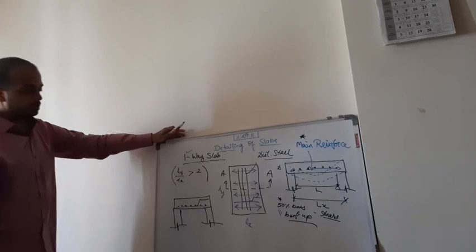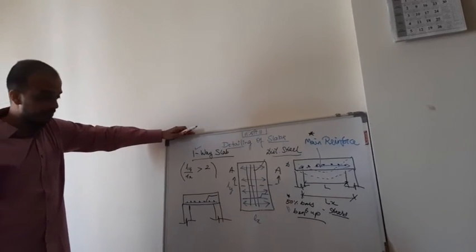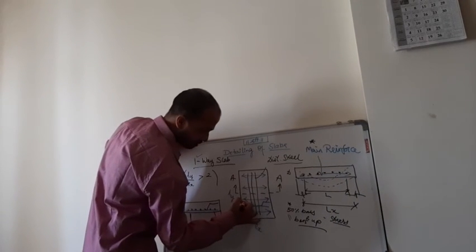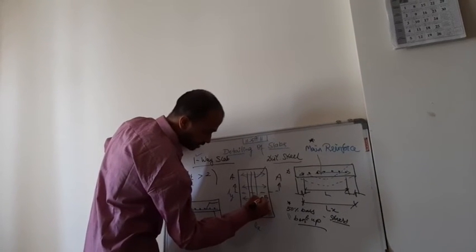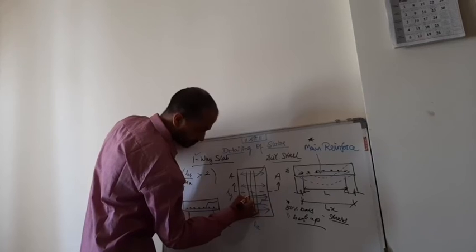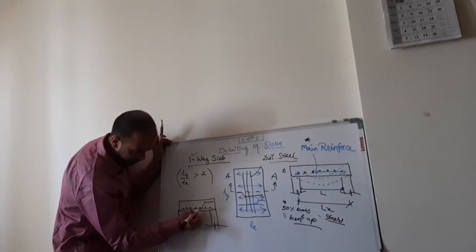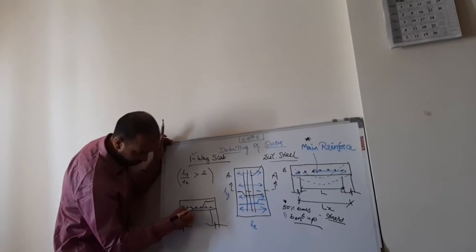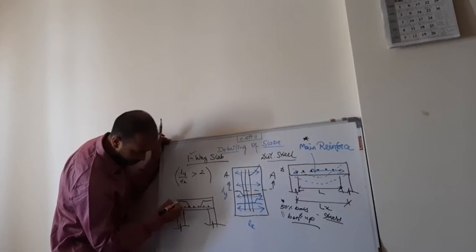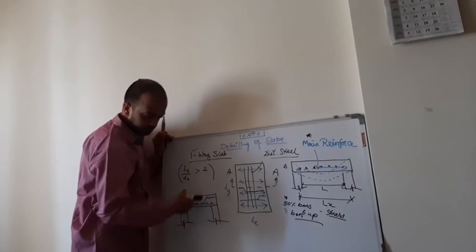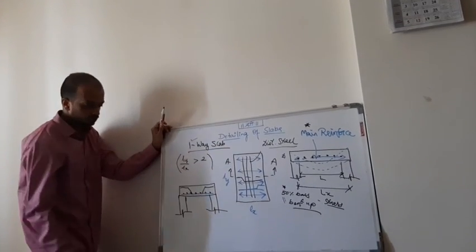This reinforcement shall be bent up near the support. Next, the other one is provided from the other end, it will run like this, bend up and move near the support. So this is how the reinforcement shall be provided for one-way slab.